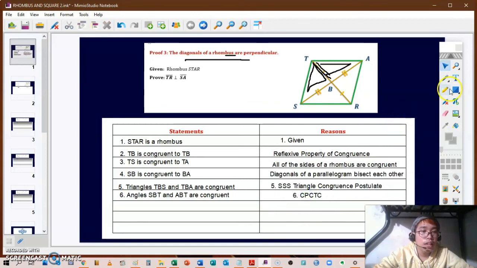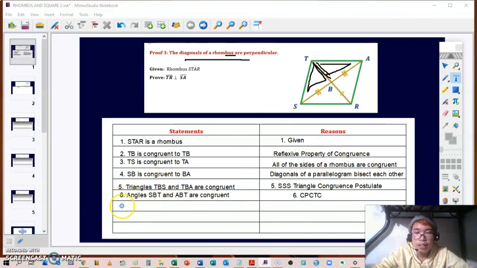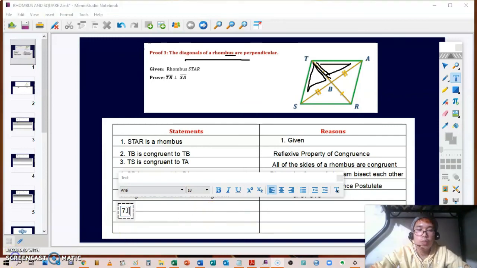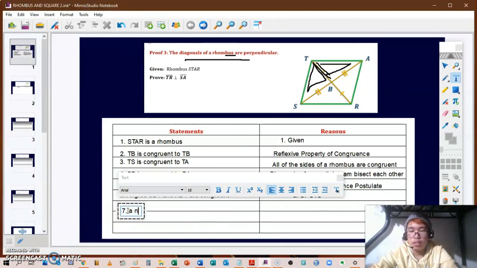Then at number 7, we can say, guys, that angles SBT and ABT are right angles.